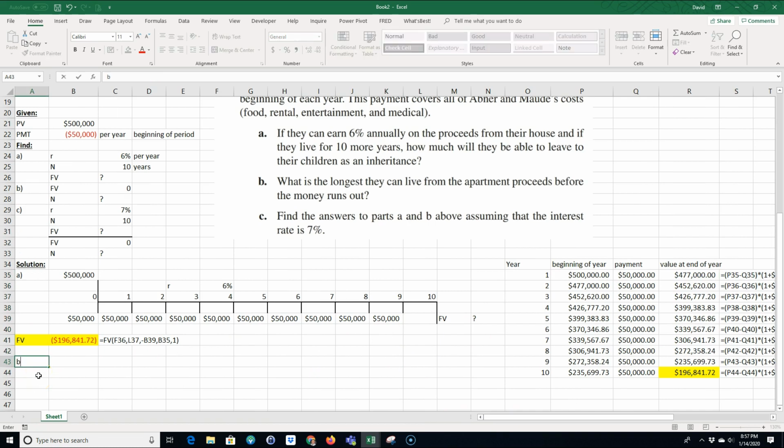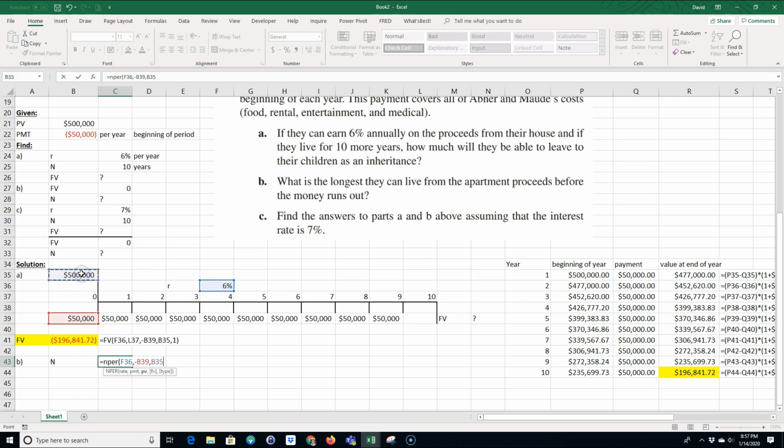Now for part B, they want to know N, how long, but the future value is 0 now. So I go equals N per, the function to find the number of periods in Excel. We want to know the number of periods, the rate is 6%. The payment is a negative 50,000.